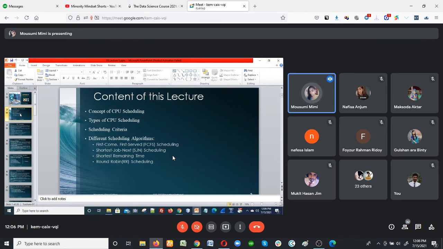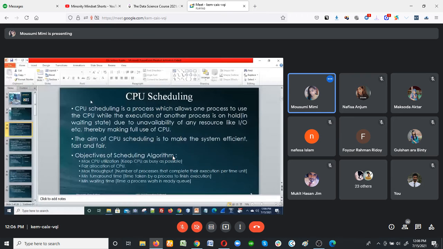So first of all, you need to understand what CPU scheduling is. This chapter discusses all types of CPU scheduling algorithms, meaning processor scheduling algorithms. CPU scheduling means for each process, how much processor time is consumed.